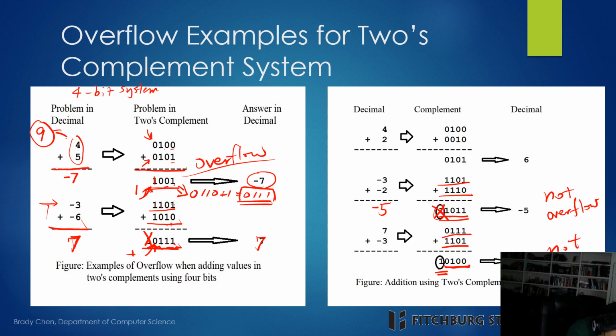Overflow only happens when you add two two's complement notations and the result is not correct. For example, you add two positive numbers, like in this case, and you got a negative result. That's overflow. You have to know the difference between these two.